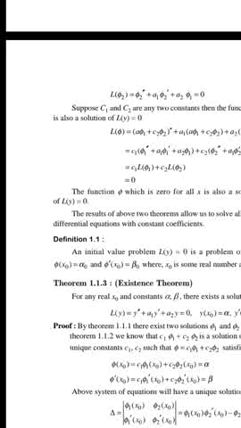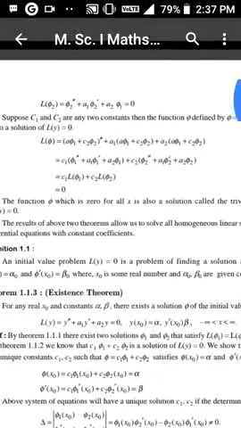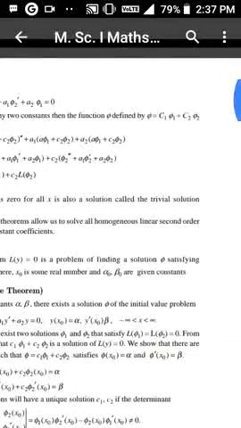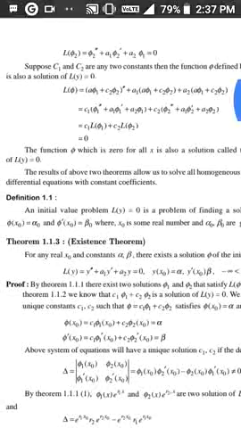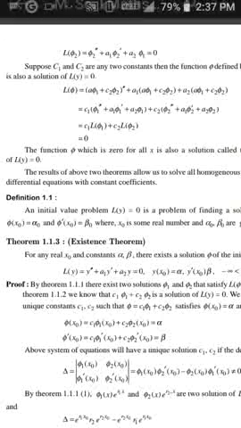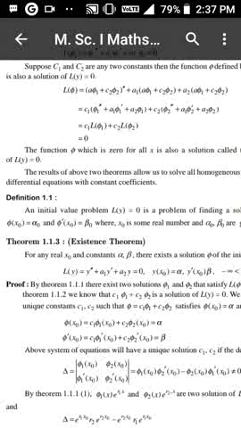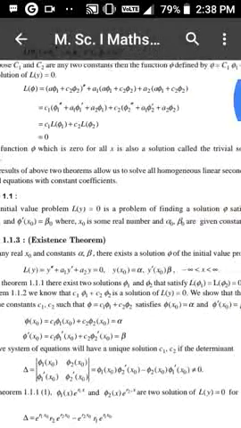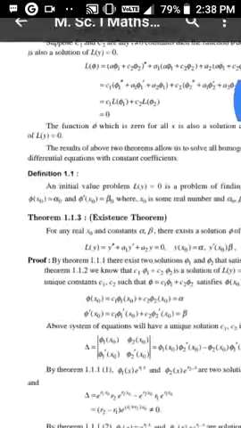Now see here, existence theorem statement. For any real x naught and constants alpha, beta, there exists a solution phi of the initial value problem L of y is equal to y double dash plus a1 y dash plus a2 y is equal to 0, y of x naught is equal to alpha, y dash of x naught is equal to beta.